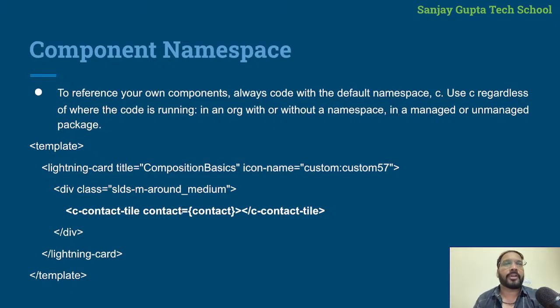If you have created any component and want to use it in another component, here you can see we have this contact tile component. This is a custom component that is created, and if you want to use it in another component, you need to write it like this: c-contact-tile. This way it can be referenced in another component.